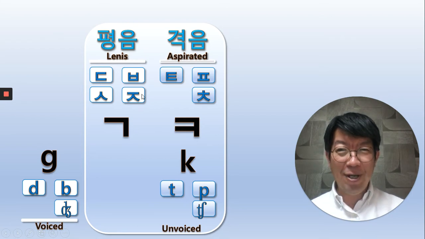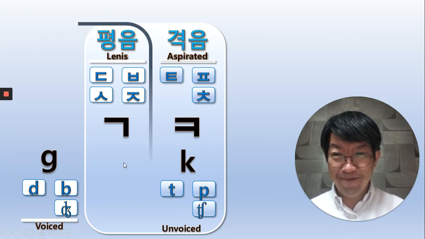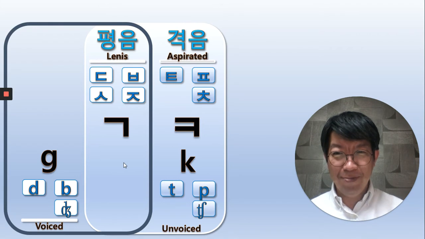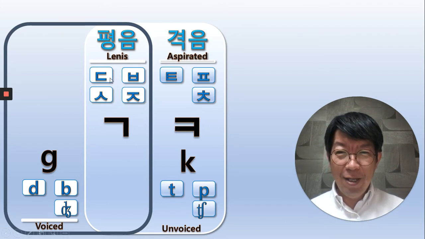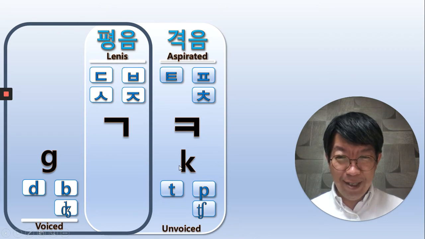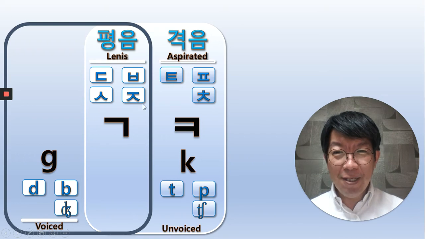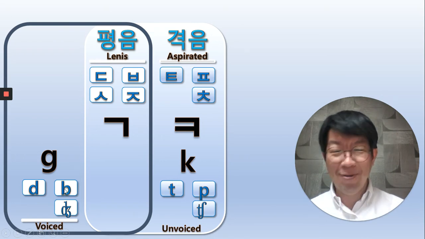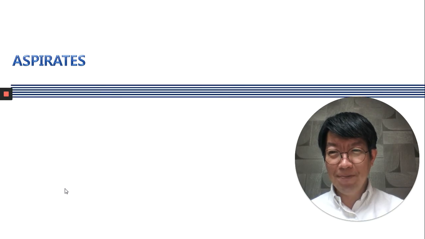You can understand it that way. That's up to you. So if you are very sensitive, these letters sound like this one. But if you are not that sensitive, these letters sound like this one. Okay. Let's practice one by one.